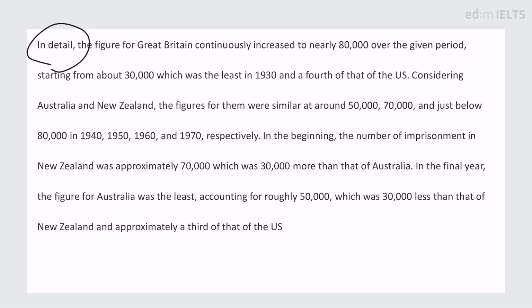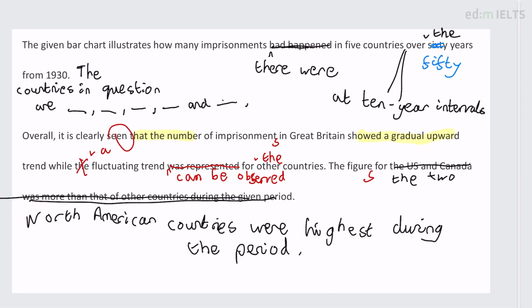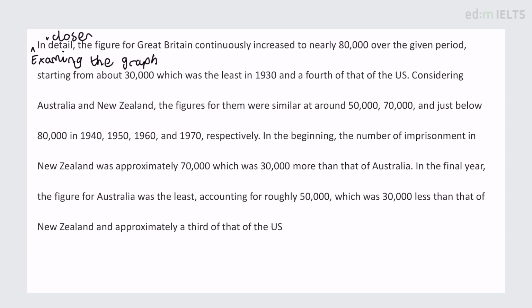So let's say examining the graph, like the bar graph, or examining the chart in more detail or in closer detail, because we had the general trends before. We're still examining it, but generally. So in more detail, in closer detail, examining the graph in closer detail.